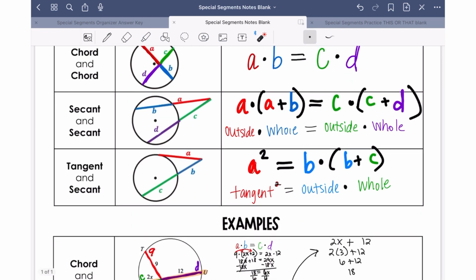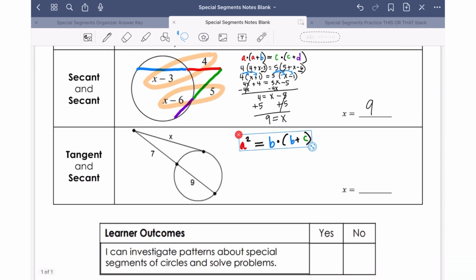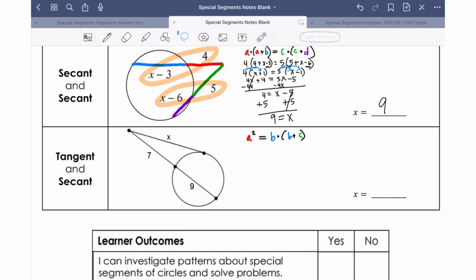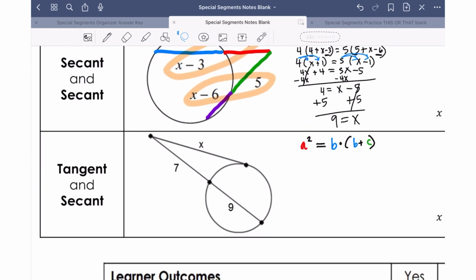So let's bring the formula down to the example and get it done. Okay, so here's the formula. And looking at your illustration, who is the tangent line here? It only crosses at once.